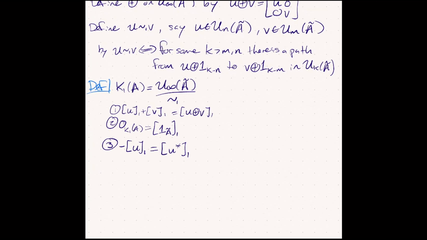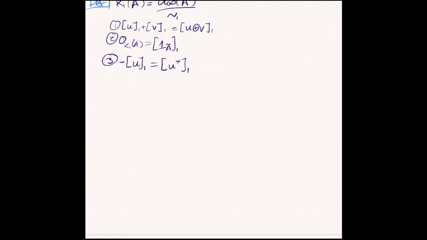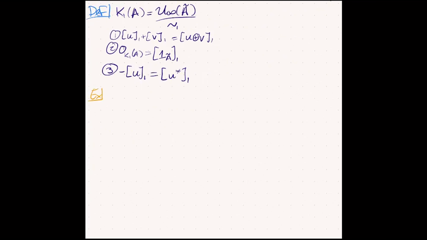So K1 is built from unitaries and K0 is built from projections. And I'll give a quick example of this, computing some K1 groups.